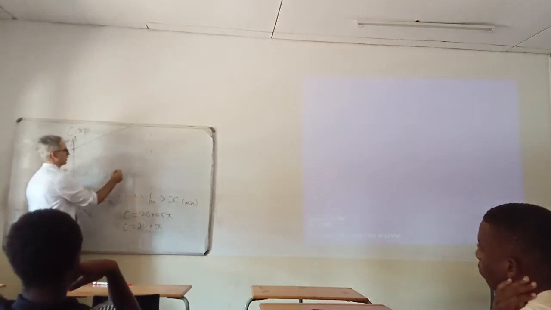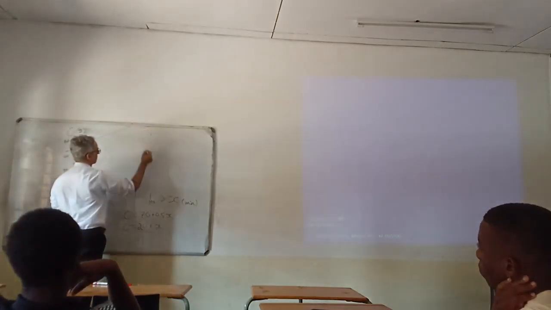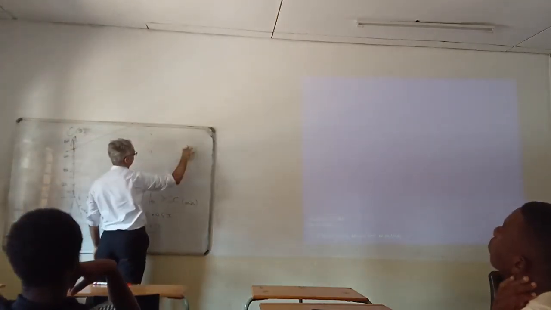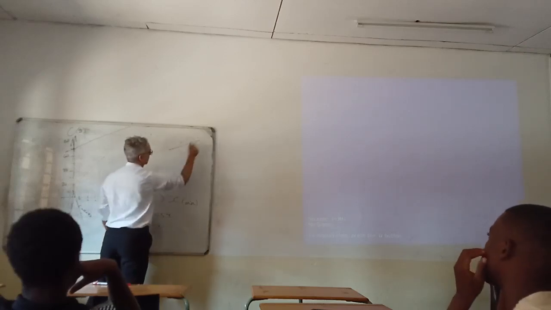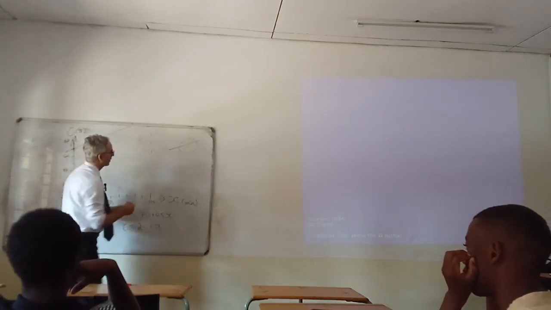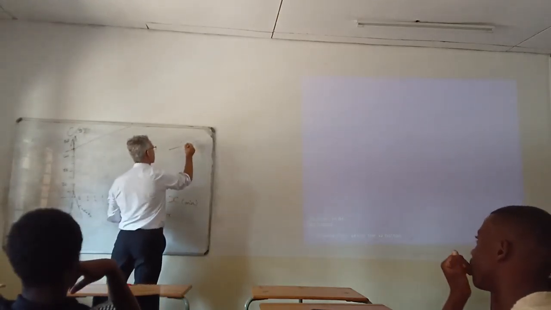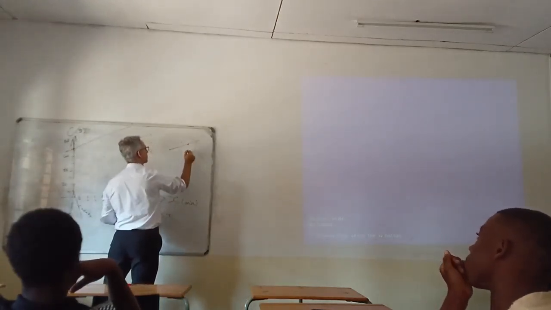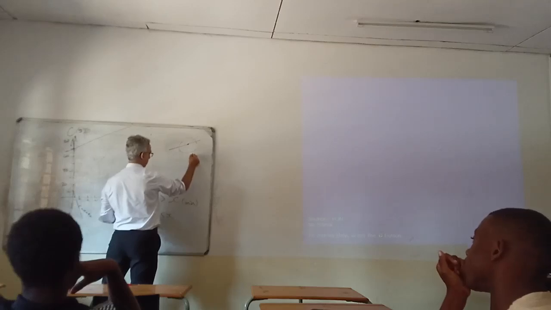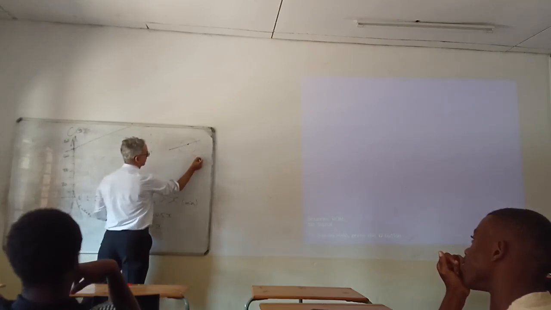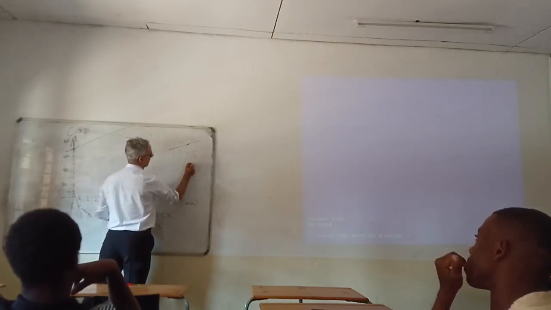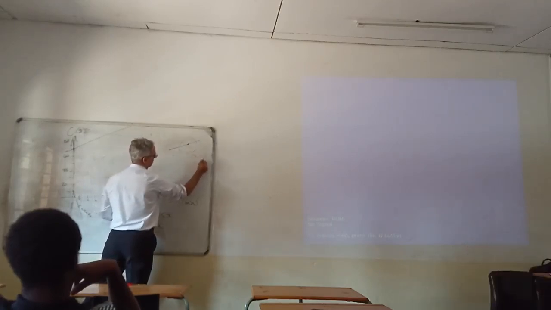So what does it mean when two lines cross? So I'm going to take this and put it over here. Yeah? This is a blow-up. I have the black line like this, and I have the red line like that. At this point, X1, C1 is the same as X2, C2.